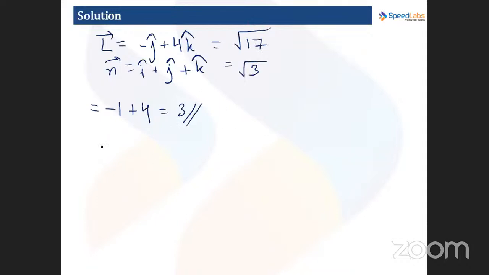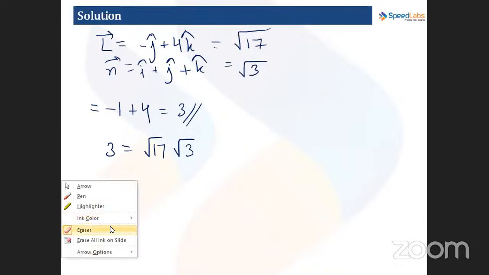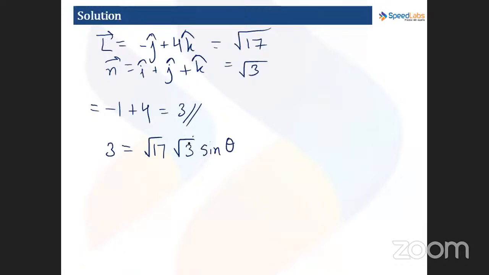So now let's see, 3 equal to modulus of L into modulus of N into cos of 90 minus theta, which was sin theta. So this becomes root 3.